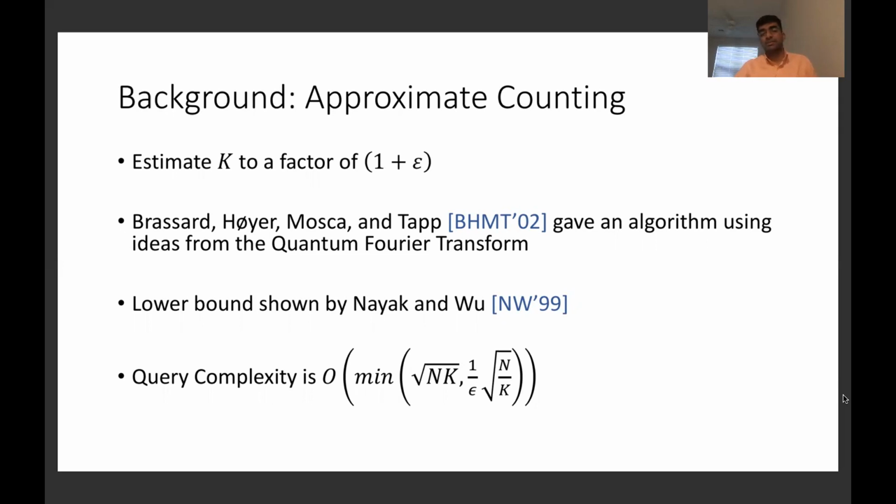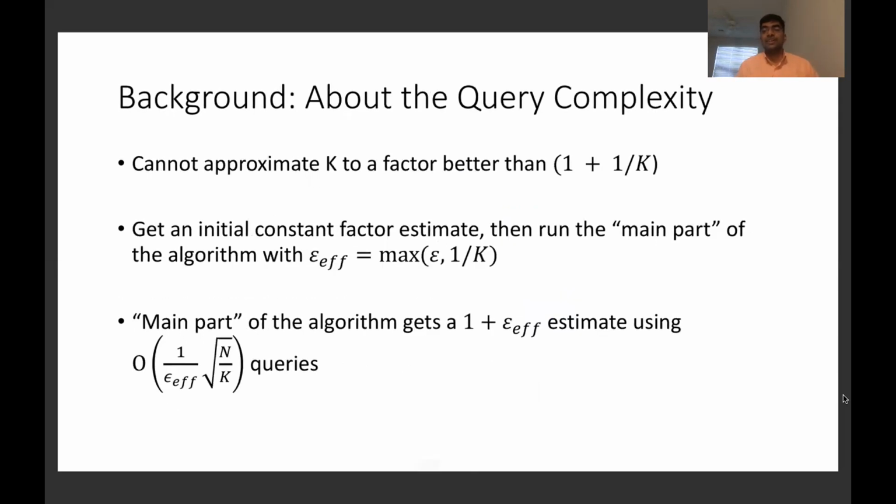So briefly, let's talk about where these two terms come from. The main term, in some sense, is the second term, the 1 over epsilon square root n over k term. The first term actually comes as a consequence of the fact that we cannot approximate k to a factor better than 1 plus 1 over k.